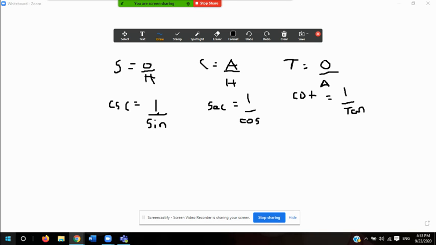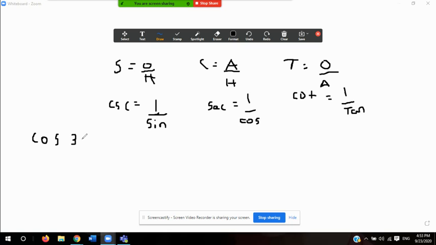And our problem is actually asking us to use a calculator and to round it to 4 decimal places.